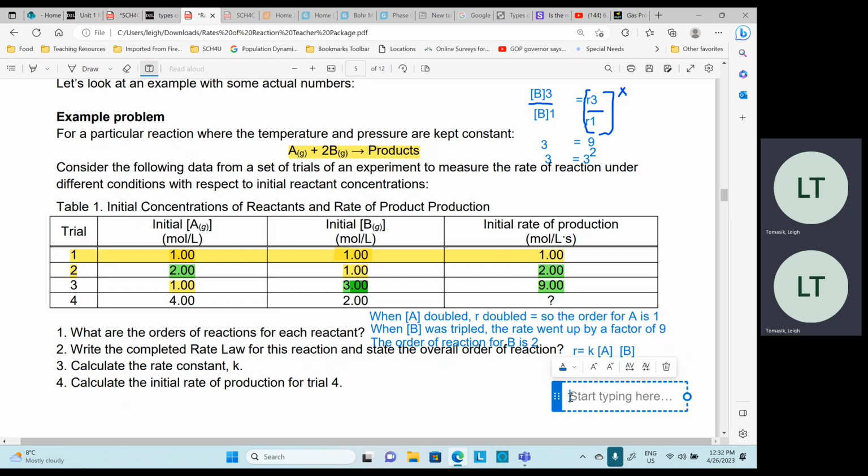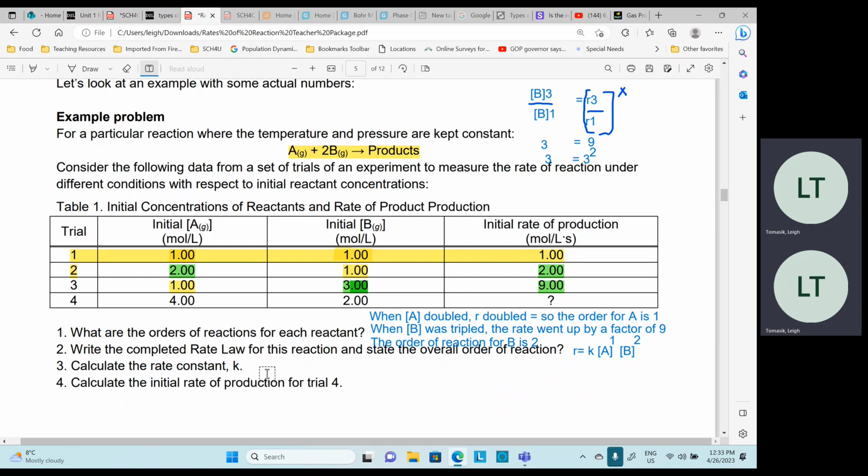The exponent for A is 1 because when we increase the concentration by doubling it, we increase the rate of reaction by doubling it. So it's a 1-to-1 relationship. The order of reaction for B is 2 because when we tripled the concentration, the rate went up 9 times, and the relationship between 3 and 9 is 3 squared. So the exponent that you have to add to make it make sense is 2.